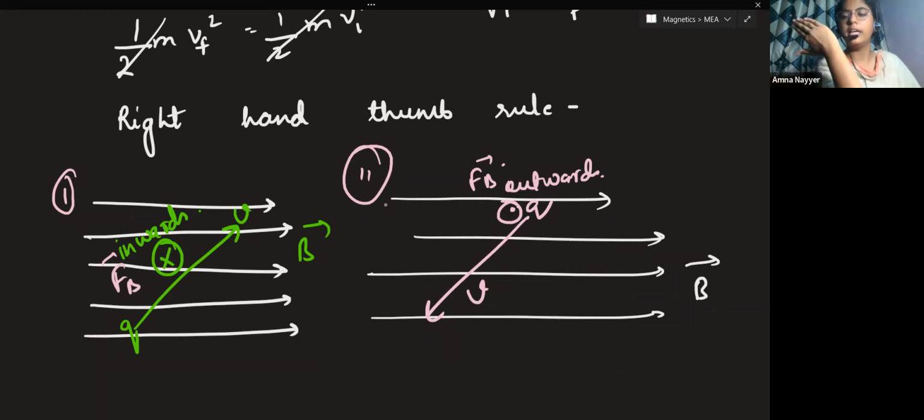I cannot. If I keep it like this, curling fingers is towards me, but the magnetic field is not pointing towards me, it is pointing towards the right. So along the velocity, keep your fingers, curl it towards the magnetic field. Where is the thumb leading? That gives you the direction of magnetic force. I'll write down the right hand thumb rule for it also, but understand first.